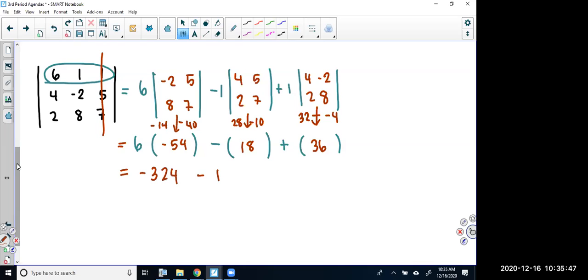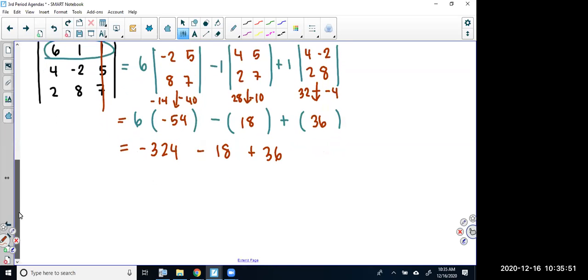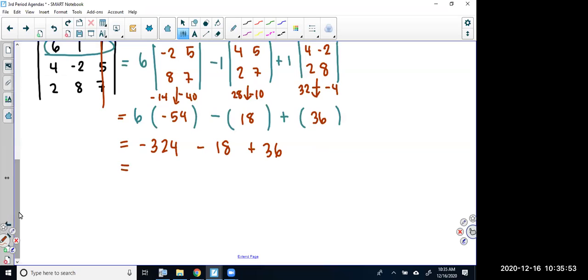So we have negative 324, and then we do minus 18 plus 36. What's our final answer there? I got negative 306. Yeah, negative 306.